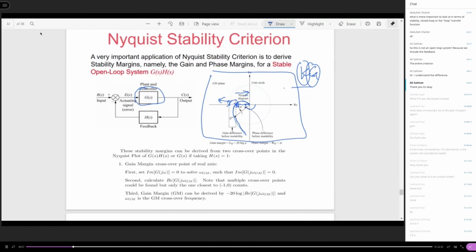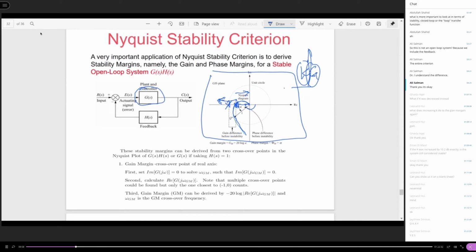Why is it important? Because if you keep increasing k and keep pushing this point to the left and the left, you can see that there will be a k value such that this crossing point is pushed to the -1, 0 point. From this plot, you can see it very clearly.